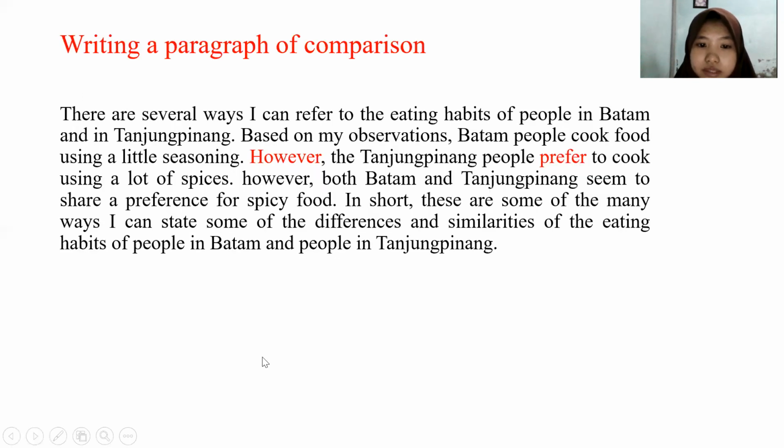All right, next is writing a paragraph of comparison. This is the paragraph that I made before. There are several ways I can refer to the eating habits of people in Batam and Tanjung Pinang. Based on my observations, Batam people cook food using a little seasoning.